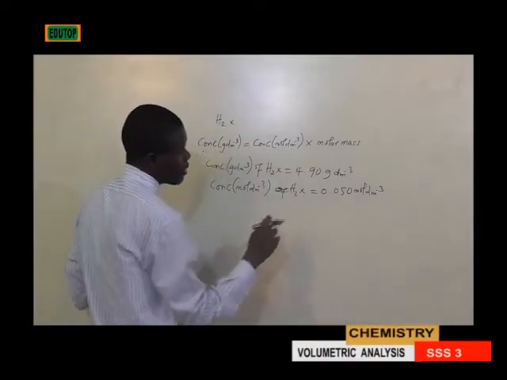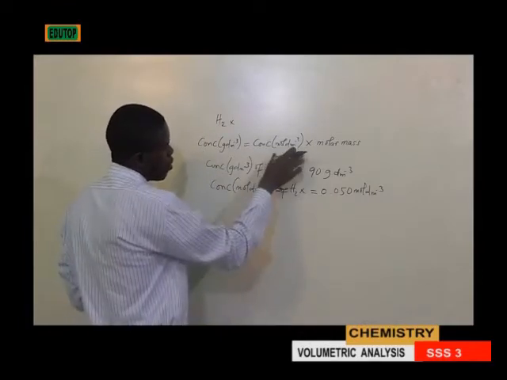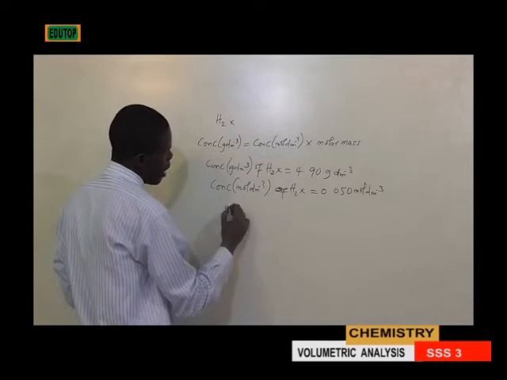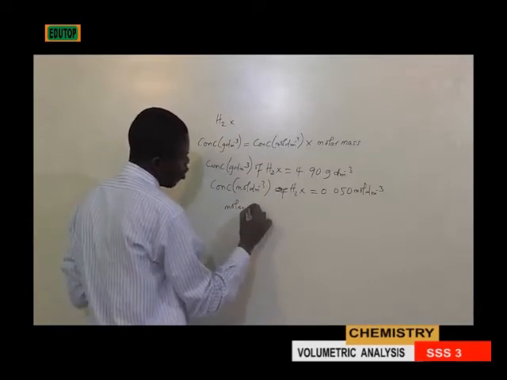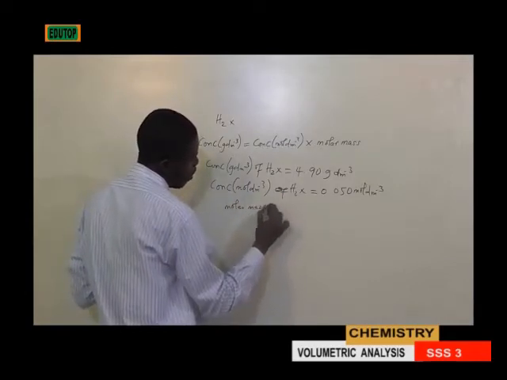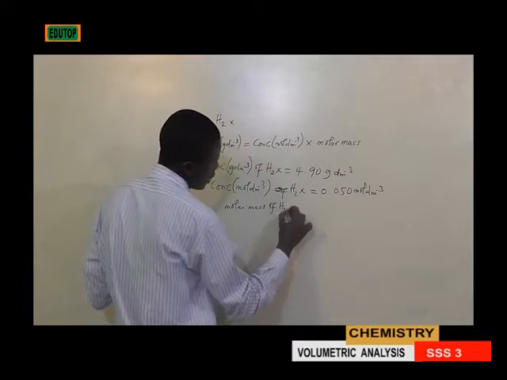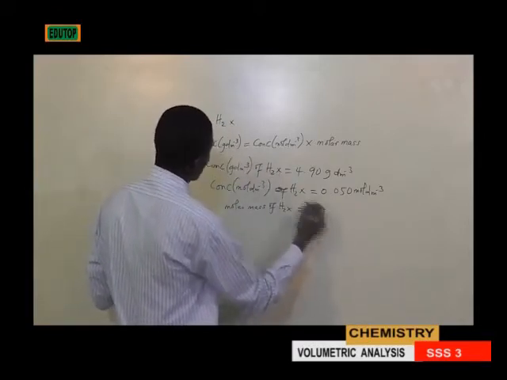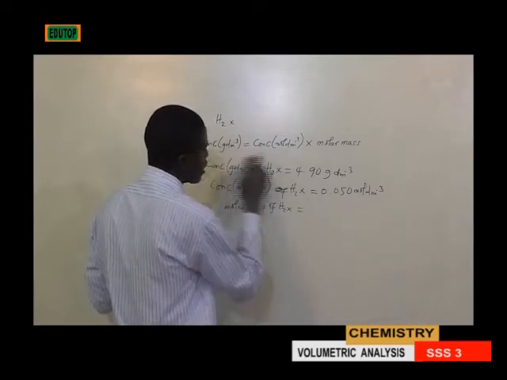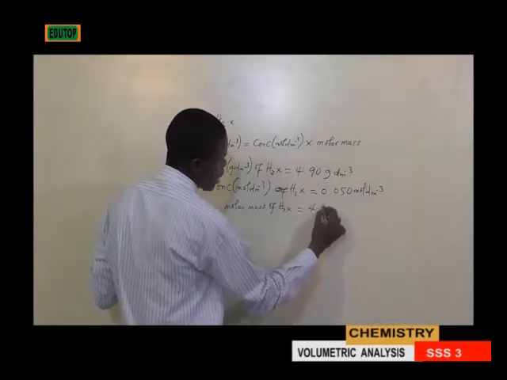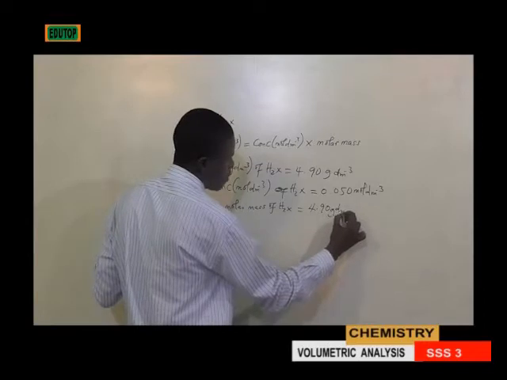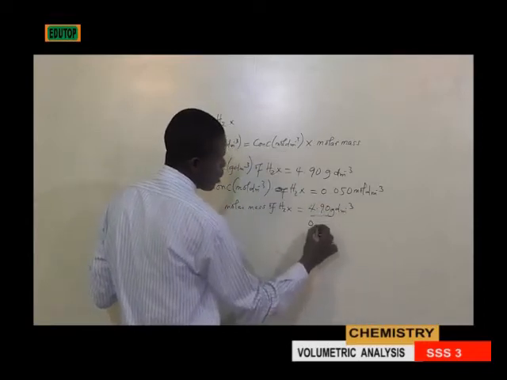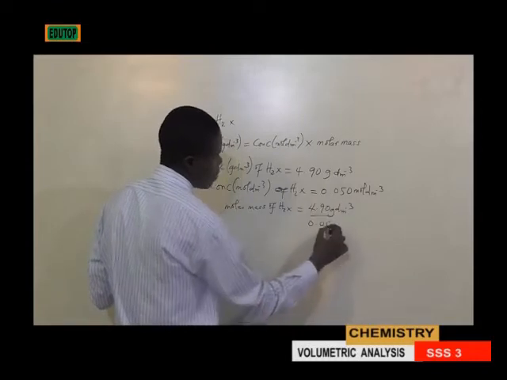So in that situation, incorporating this formula to look for molar mass, the molar mass of H2S will be equal to the concentration of H2S in gram per dm cube, which is 4.90 gram per dm cube, all over the concentration in mole per dm cube.